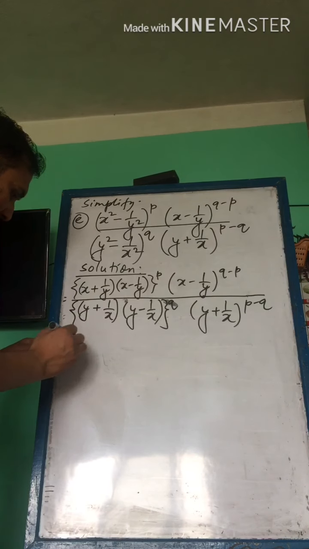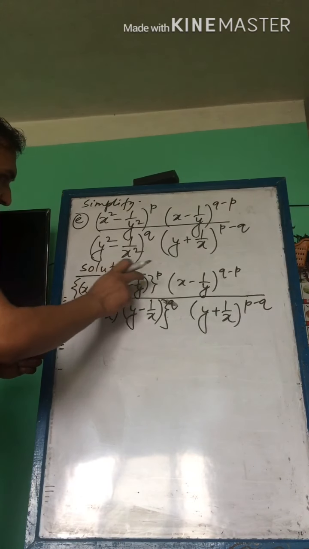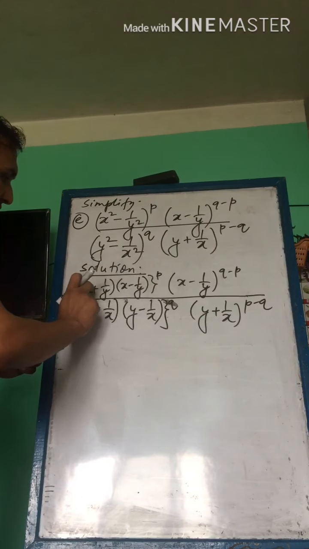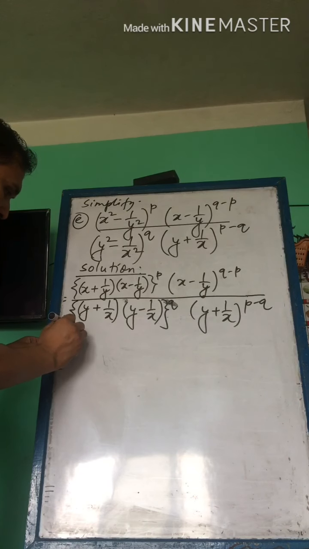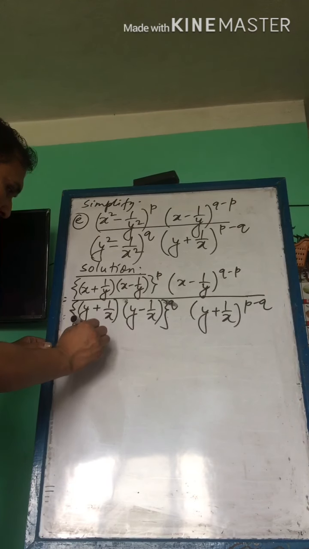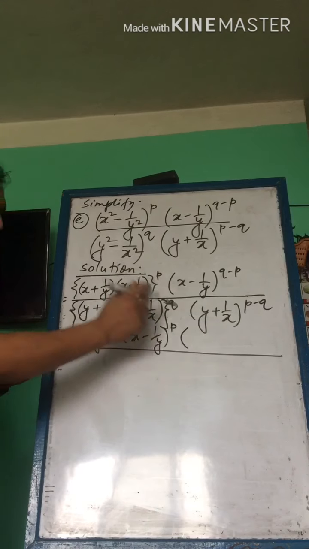Now let us write this: x plus 1 upon this whole p, means this power p is for this also, and this, let us separate it. x plus 1 upon y whole to the power p, it is a power for this also, x minus 1 upon y to the power p, yeah, it is a power for this also.